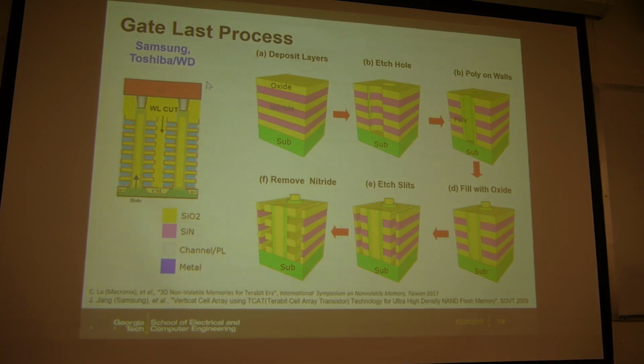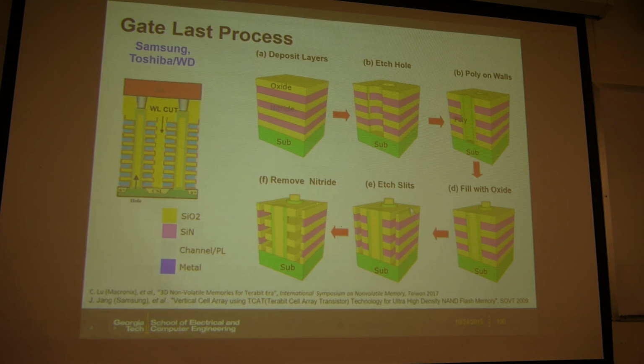So this is the gate last process, the full process, used by Samsung, Toshiba, SanDisk, and I think also Hynix maybe. Let's go through this quickly. Again, first deposit oxide and nitride sandwich layers, multiple layers, depending on how many layers you need. Then you use lithography to define the vertical channel, the pinner, and you etch this hole, and then you refill the hole with polysilicon as a channel.